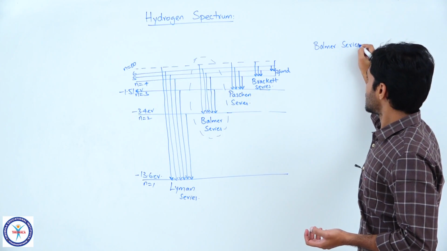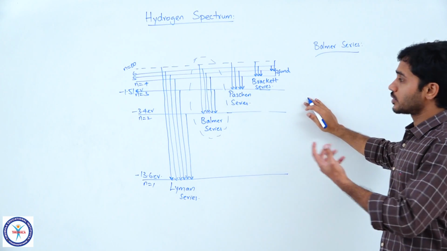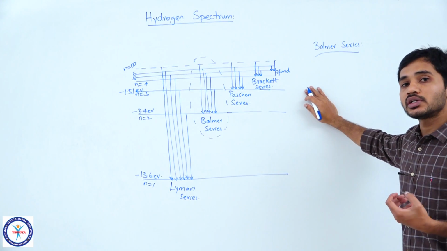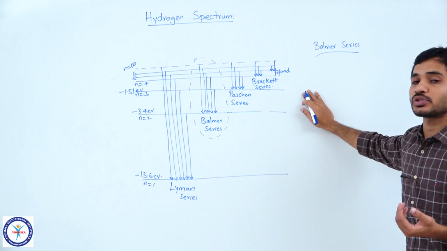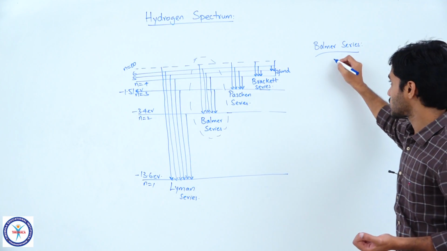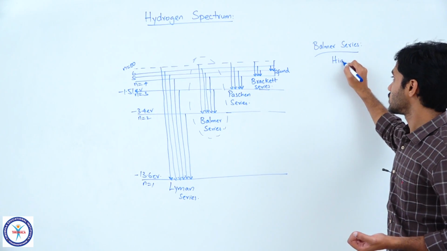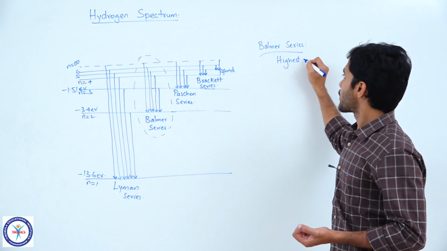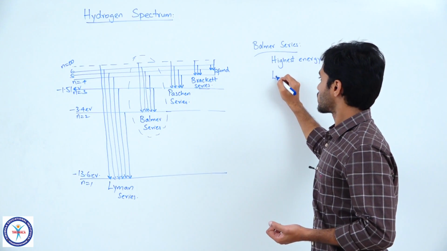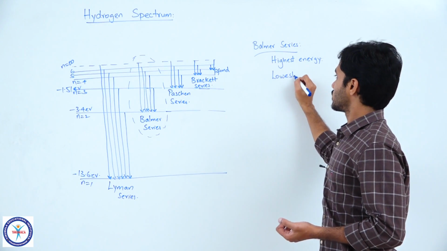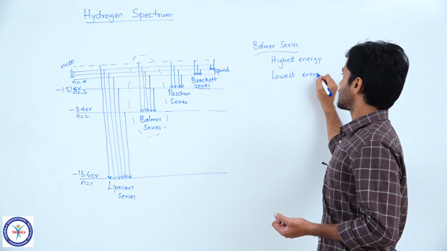So in the Balmer series, can you think of which transition corresponds to the highest energy and which transition corresponds to the lowest energy? You can easily guess that.